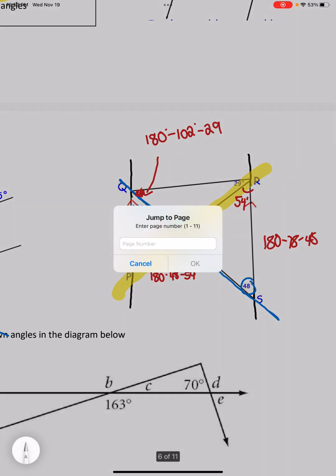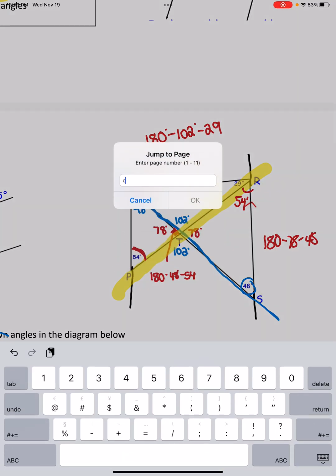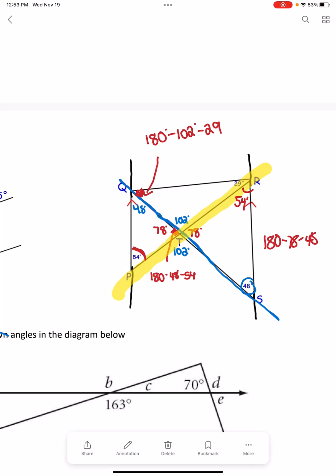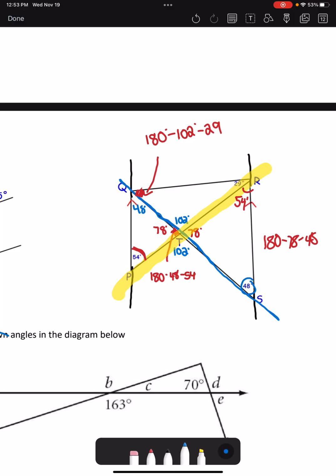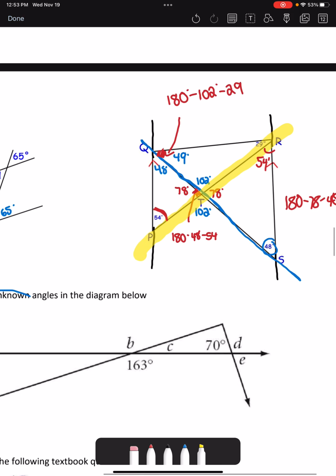Beautiful. So 49 degrees. All right, and then I would say that's pretty much all the angles. On a test, we would show you which ones to find, but we pretty much got them all. So let's keep moving then.